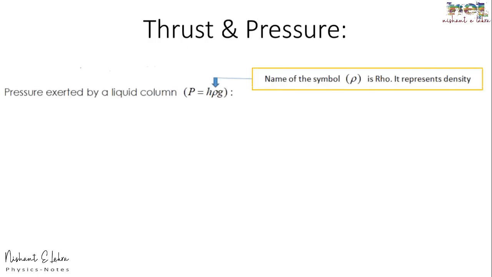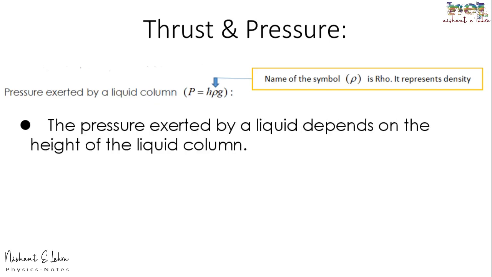Now this is something that I want you to remember, the symbol that is used here. Pressure exerted by liquid column, P is equal to h rho g. That symbol that you see here, I have put an arrow sign so that you understand it is known as rho, and that represents the density. Okay, and this expression or equation that you're seeing is of pressure.